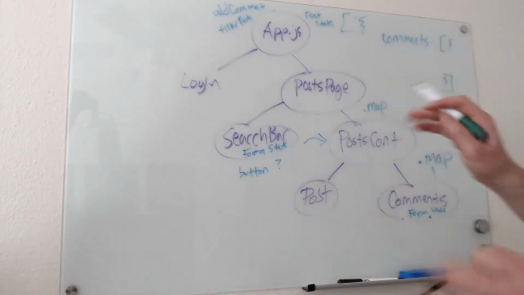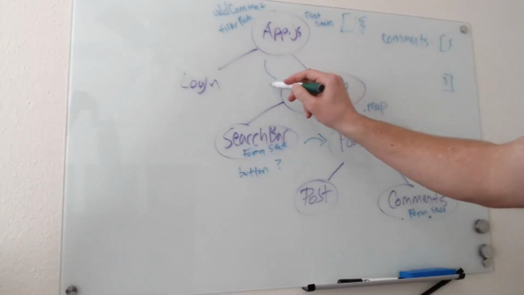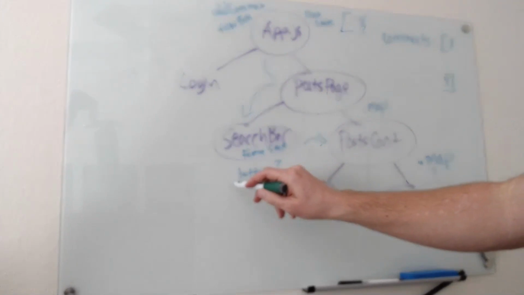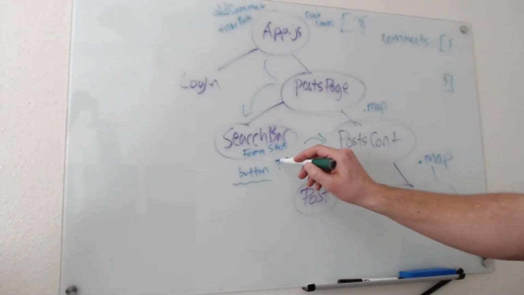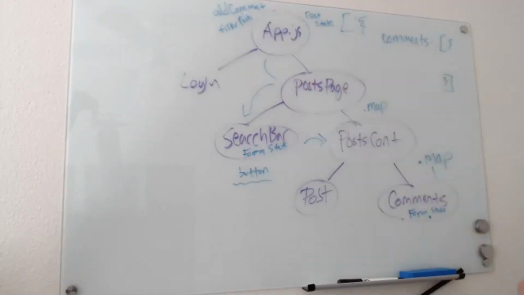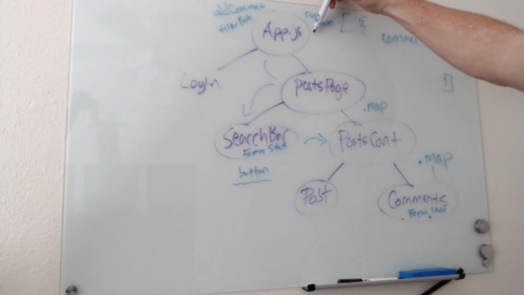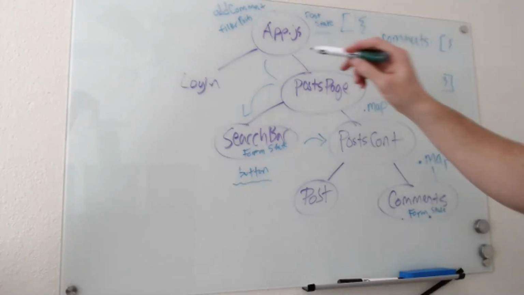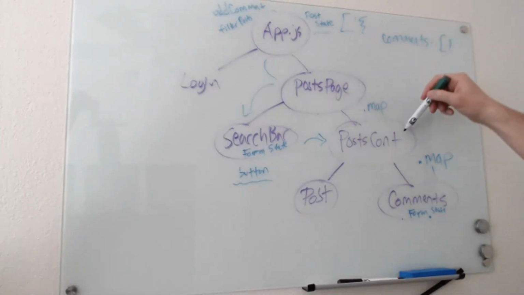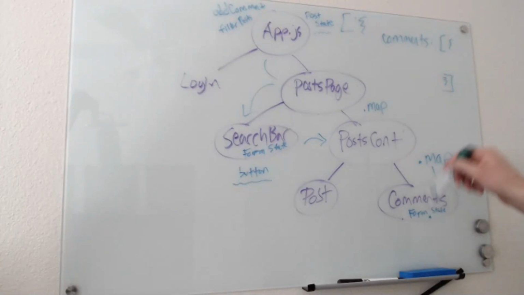Well, now I have my structure and I say, okay, I'm going to pass down filter posts as a callback function. Now when I click my button, easy peasy. I don't have a question mark anymore. I'm going to invoke filter posts. Filter posts is going to take in my post state and tell my post page and my post container which posts to render on the screen.